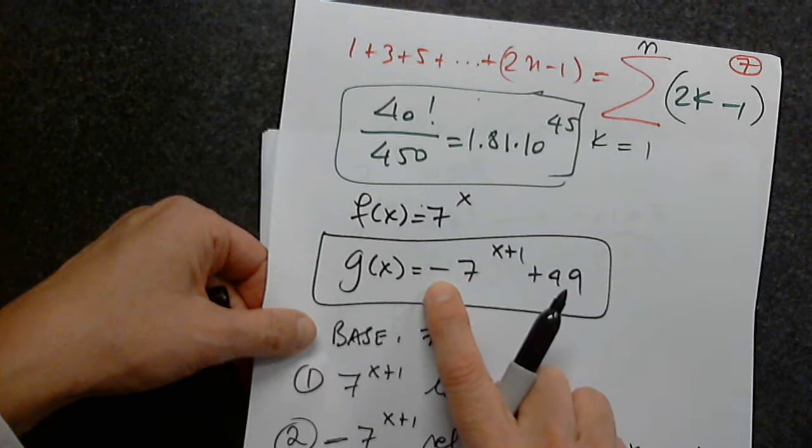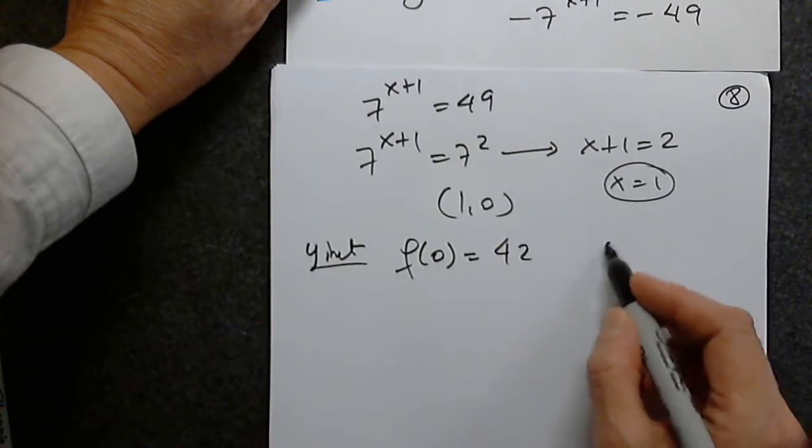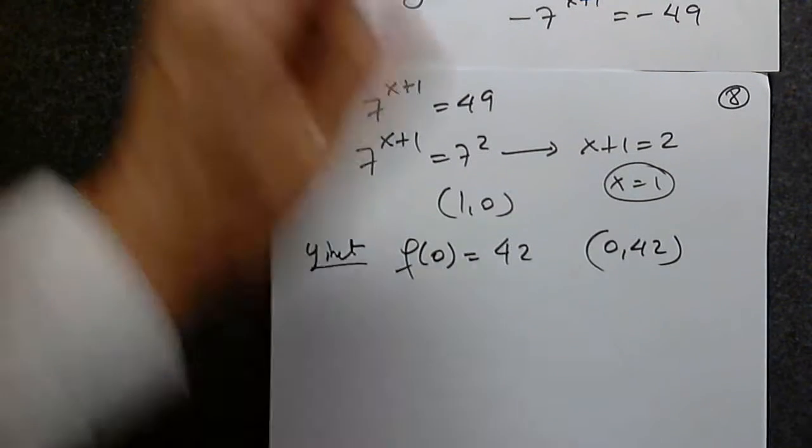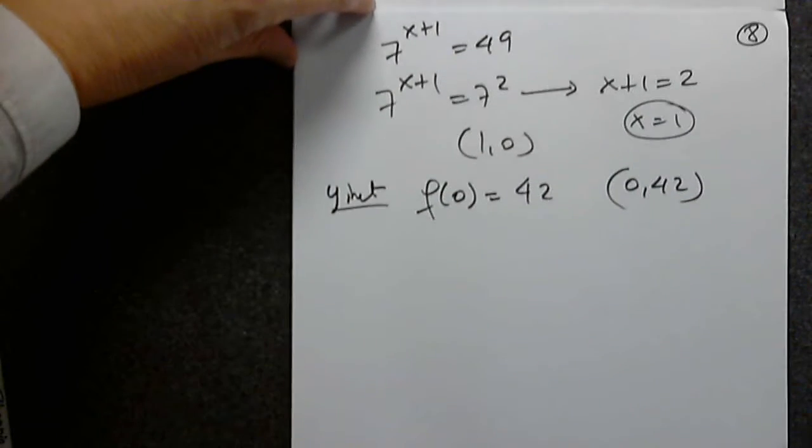Multiplied by -1 is -7. -7 plus 49 is 42. So 0, 42. So when I'm done with the final form, I better show that the y-intercept is 0, 42, and the x-intercept is 1, 0. Ready? Now I have to graph 7 to the x power.